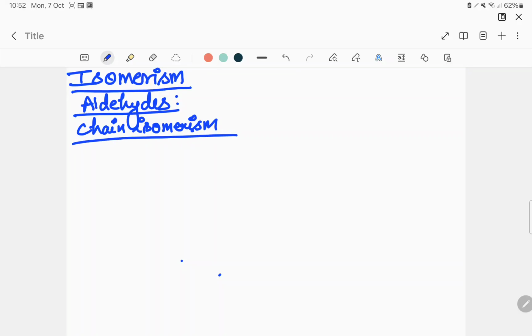The molecular formula is going to be the same, but the chain is going to be different. CH3, CH2, CH2, CHO. This is butanal. If we make branching, then we will have 2-methyl propanal.